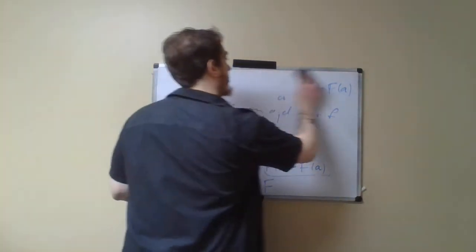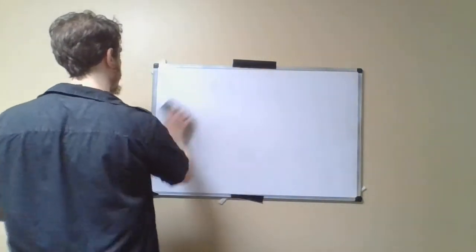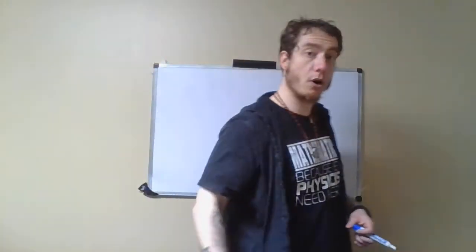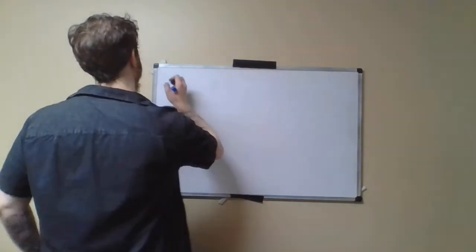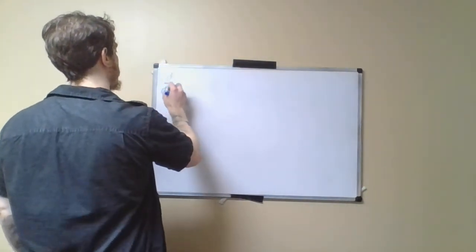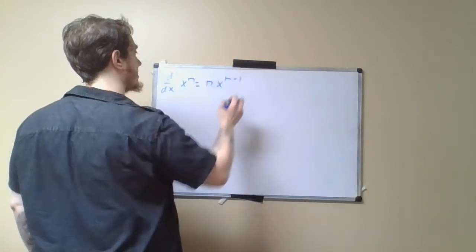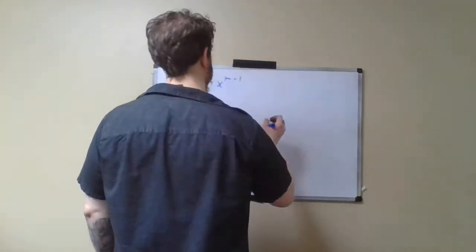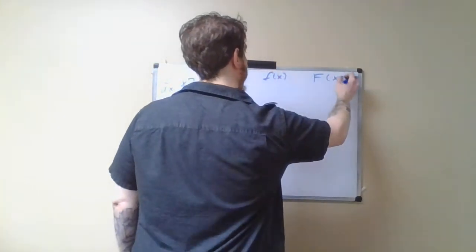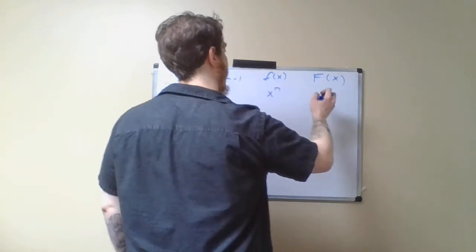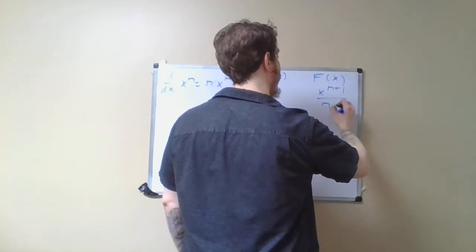So finding antiderivatives can be a tricky thing, and we're going to spend a lot of time working on how you find them. But really, every rule for differentiation is going to translate into a rule for anti-differentiation. Some of the basic rules here: from the fact that the derivative of x to the n is n times x to the n minus 1, we can figure out that an antiderivative for x to the n is going to be x to the n plus 1 divided by n plus 1.